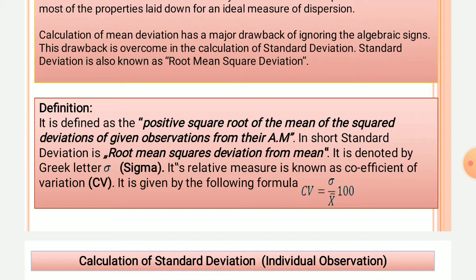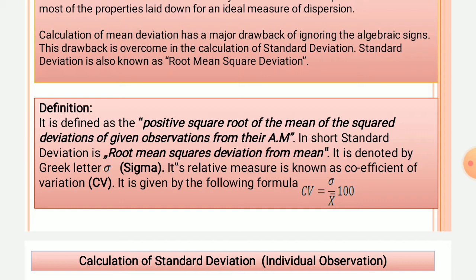So standard deviation sigma is equal to the root of sigma d square by n minus sigma d by n whole square. This is the formula for calculating standard deviation.